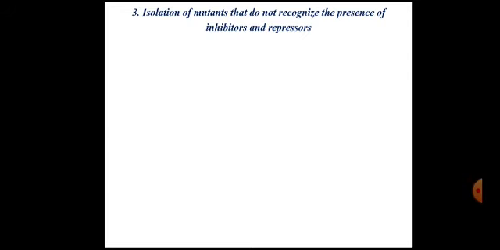The difference between the second modification and the third modification is that in the second modification, the inhibitors and repressors are not produced. But in the third type of modification, inhibitors and repressors are produced, but their excess level is not recognized by the control system.